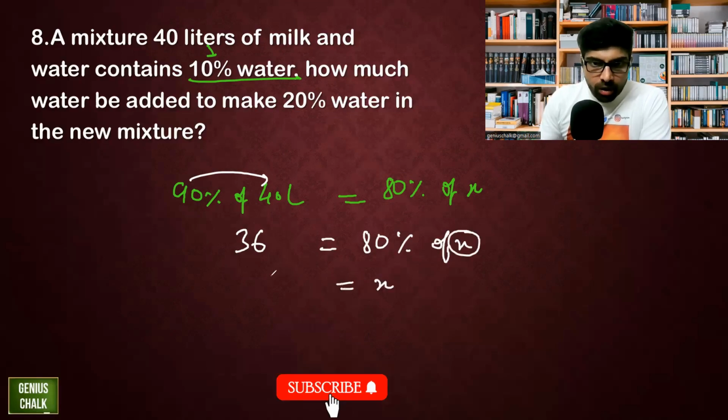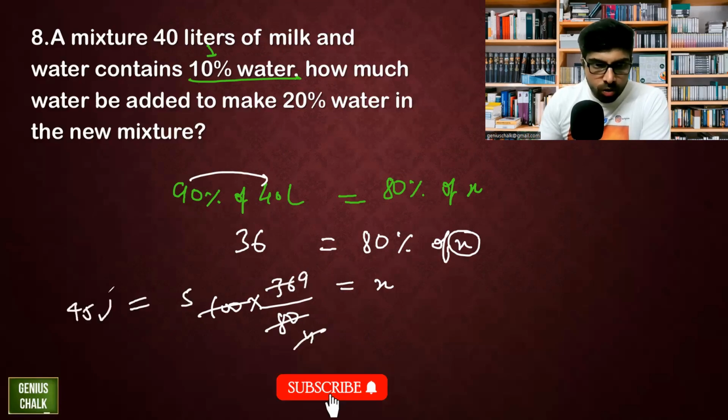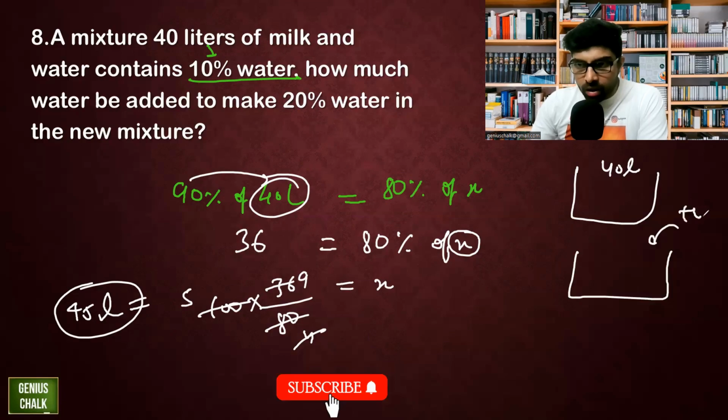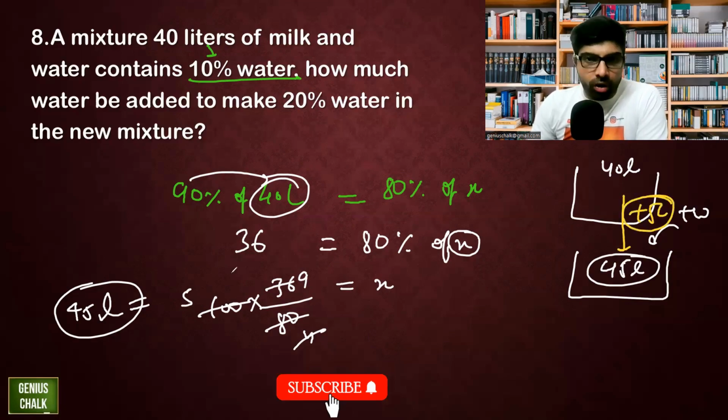So X will be 36 by 80, X will be 100%, and we have found it as 4 9s are 45. So the total value of the new mixture is 45. Earlier the bucket was 40 liters. Now after addition of water, it is 45 liters, and we know that milk is constant. That means what we have added? We have added 5 liters of water.